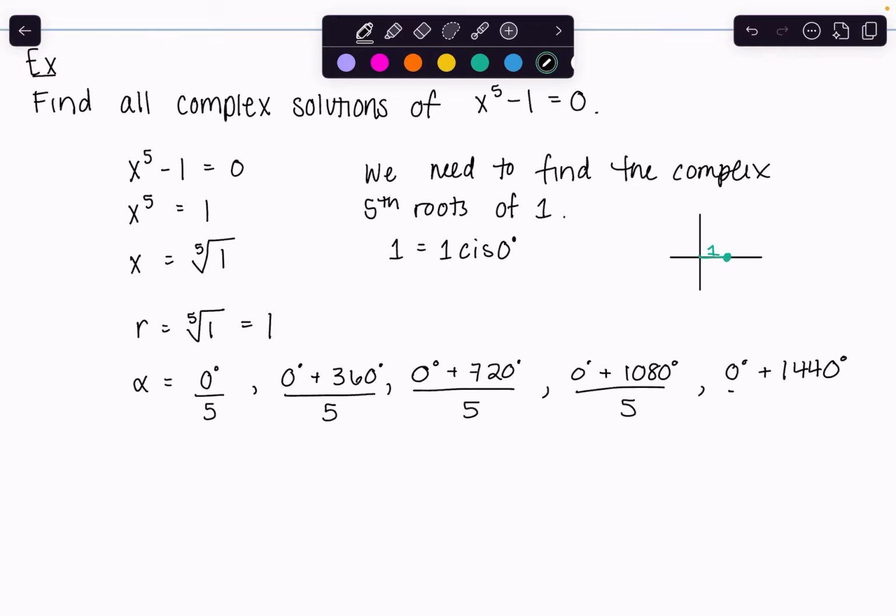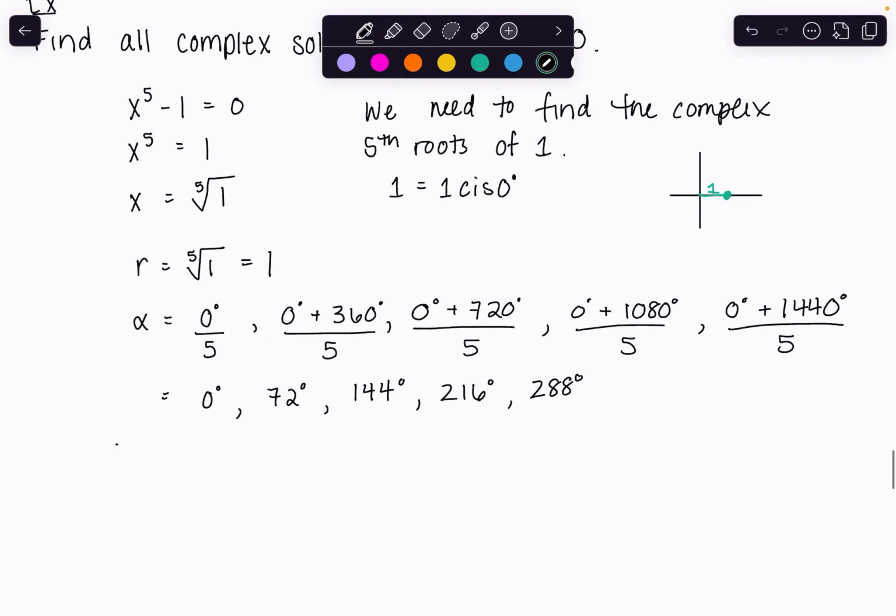So this gives me the 5 angles for that trig form of those solutions. If you do the addition and division, the first angle is still 0 degrees. Second angle is 72, then 144, then 216, and then after that 288. Okay, so we have 5 angles corresponding to the 5 solutions, and they are all in trig form.